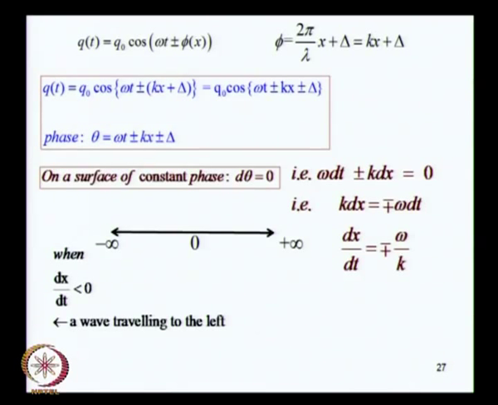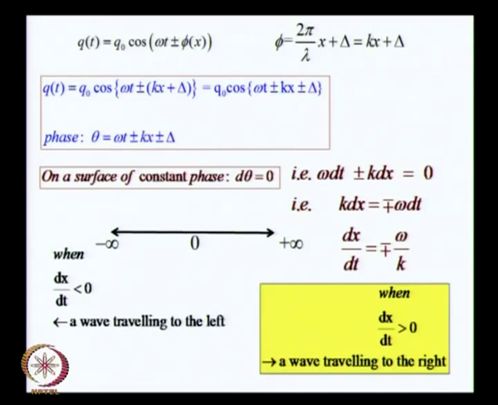So, dx by dt will be negative, and this will obviously represent x decreasing with time, and the only way x could decrease as time increases is if the surface of constant phase is moving from the right to the left, right. So, this is a wave which is travelling to the left. On the other hand, if dx by dt is positive, then x increases as time increases, and x increases as time increases if and only if the surface of constant phase moves from the left to the right.